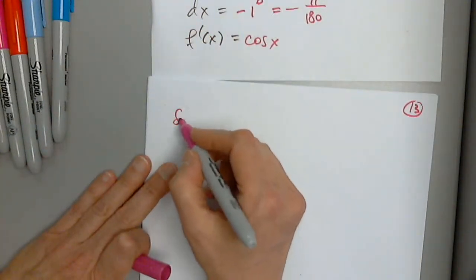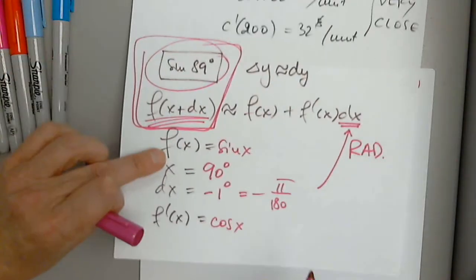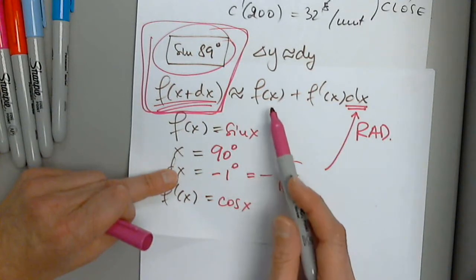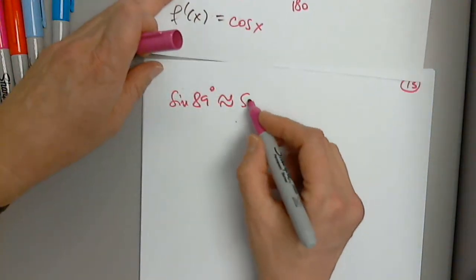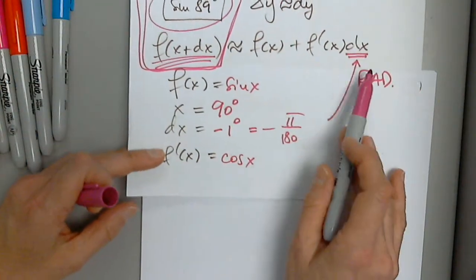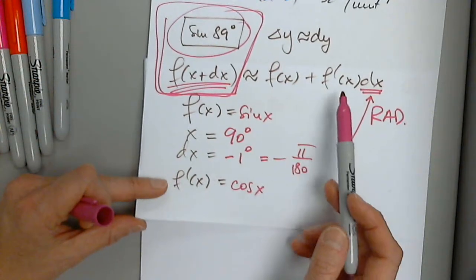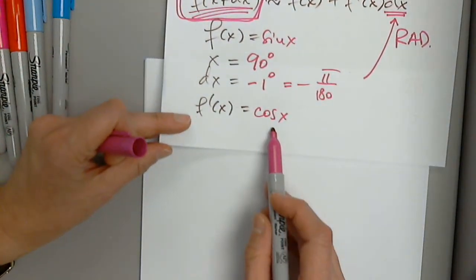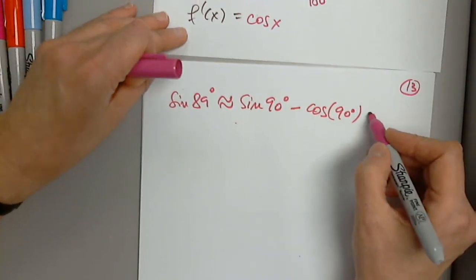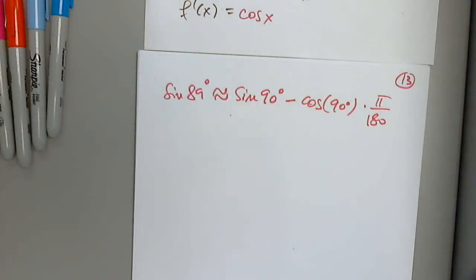So sine 89 degrees is approximately, now I have f of x and I have x, so I write sine 90. Then I write plus, but since dx is negative, I'm going to write negative, f prime of 90, which is cosine of 90, multiplied by pi over 180. This is what you have to present.